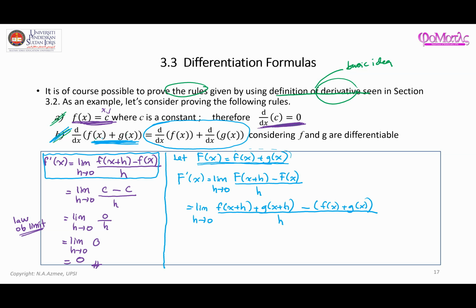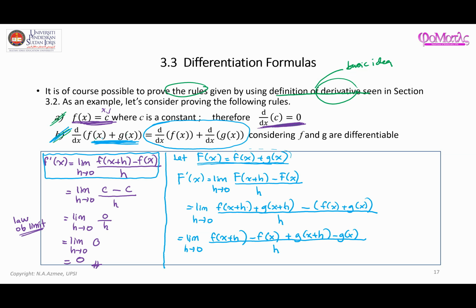Next, we can rearrange the items on the numerator. So that will be the limit as h approaches 0 of f(x plus h) minus f(x), and here g(x plus h) minus g(x). I'm just rearranging the items accordingly.